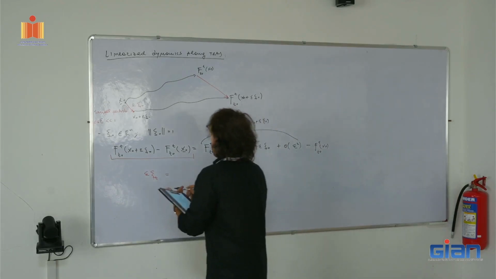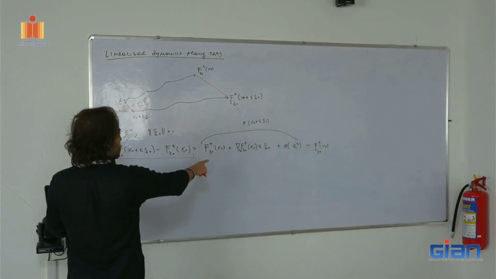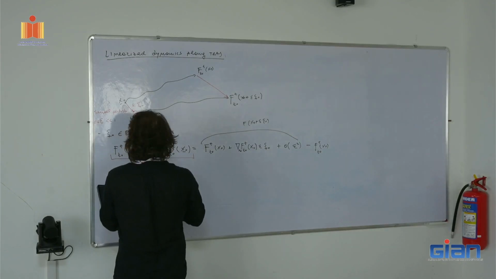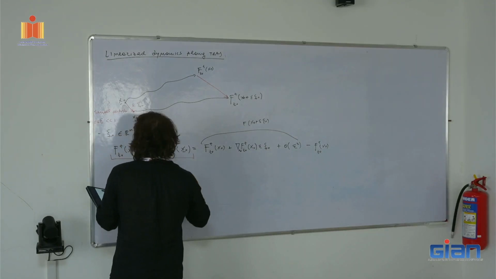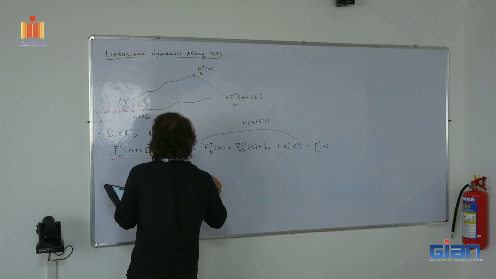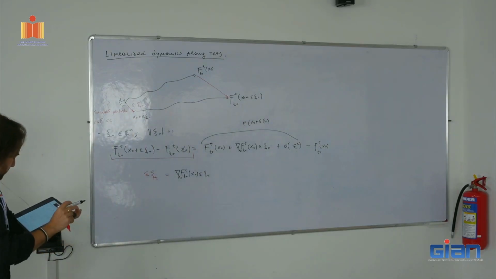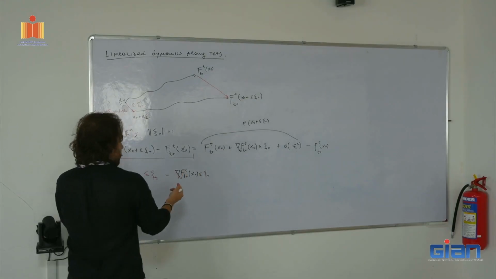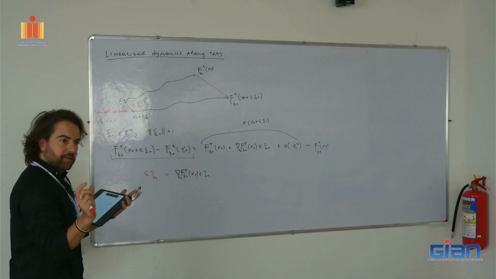Okay, so when I do this subtraction, I'm going to get exactly that epsilon zeta t is equal to grad f t0 t of x0 times epsilon zeta 0. And therefore, in the limit of epsilon going to 0, which is what we are doing, it's basically a Taylor expansion.